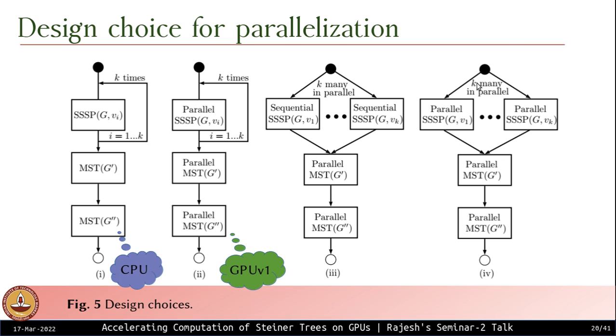The other thing is we can run parallel SSSPs in parallel as well. So this is what we were able to achieve. In some sense, we have a tunable k value such that we can make the algorithm run this many SSSPs in parallel, right?